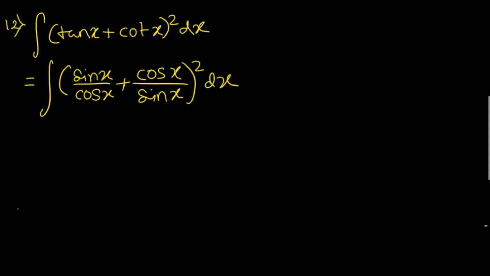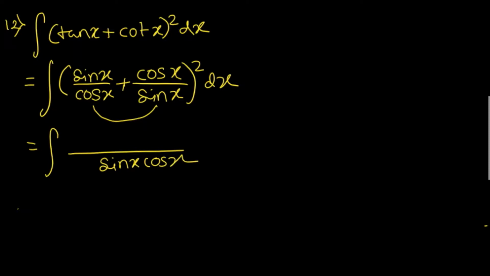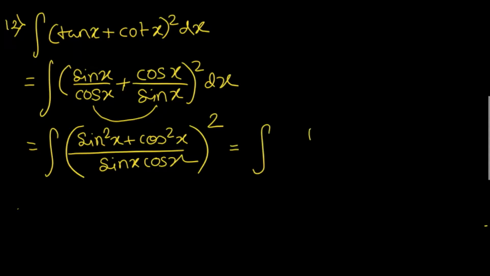So on doing the addition, we get LCM as sin x cos x, obviously, and what we get is sin x into sin x, sin square x plus cos square x whole square. So sin square x plus cos square x gives 1, and integration of 1 by sin x cos x whole square is left.